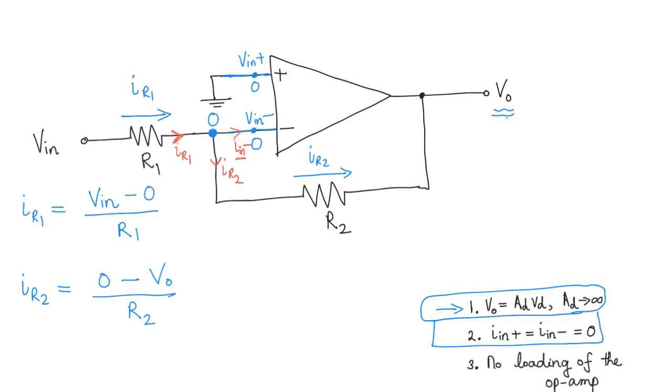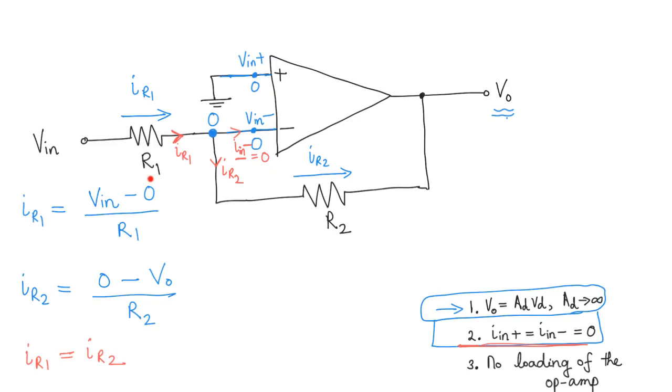And what is the value for this current? It's equal to 0. Look at the second condition. And therefore we can say IR1 equal to IR2, because all the current that flows through this resistance flows through R2 as well. There is no other way for the current to go, right?